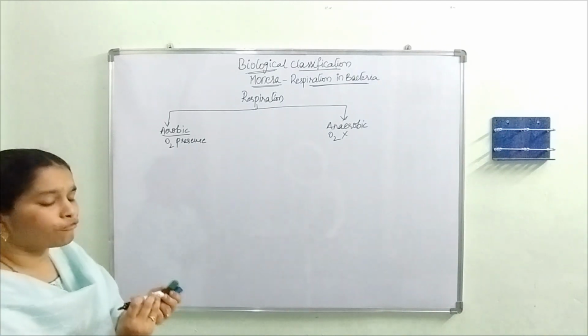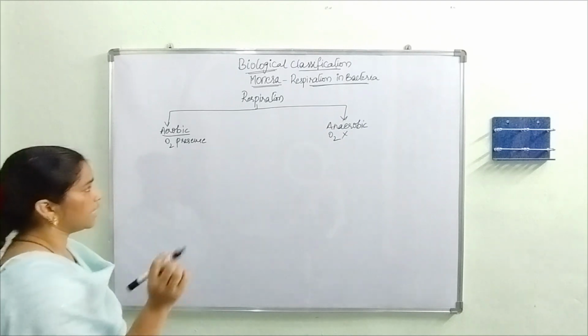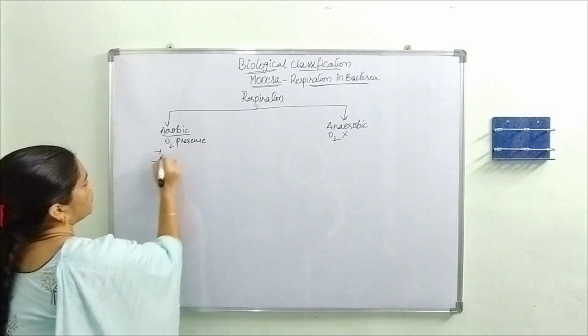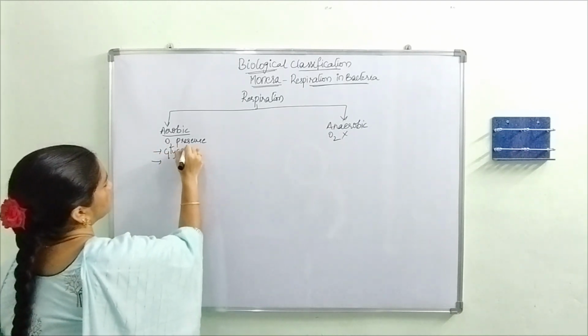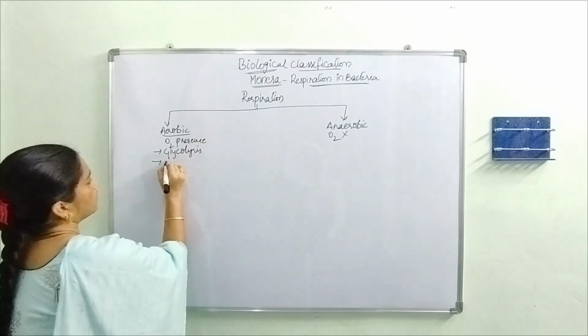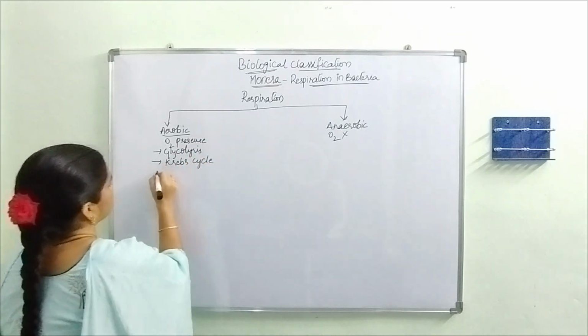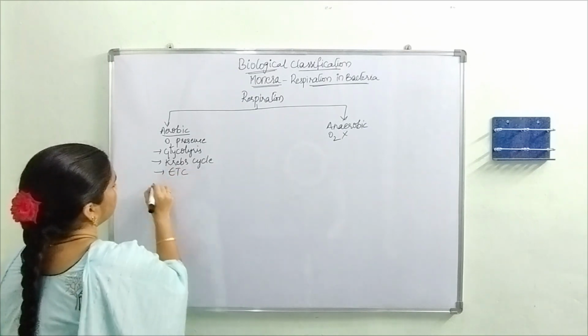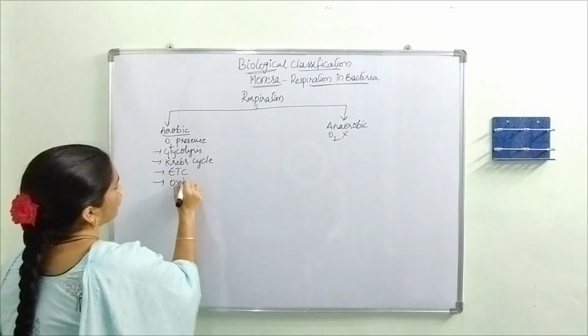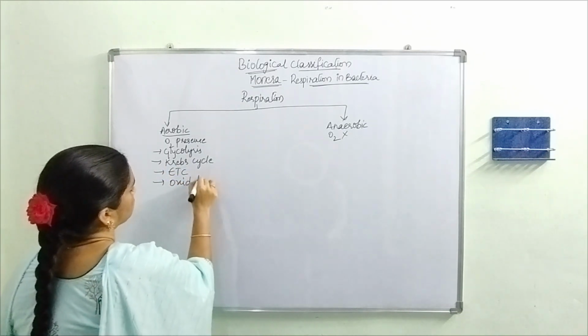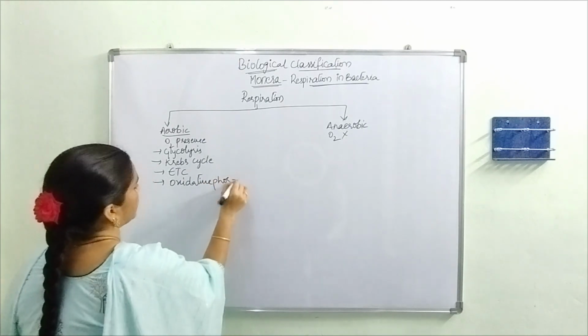it occurs in four important steps. They are glycolysis, Krebs cycle, electron transport chain and oxidative phosphorylation.